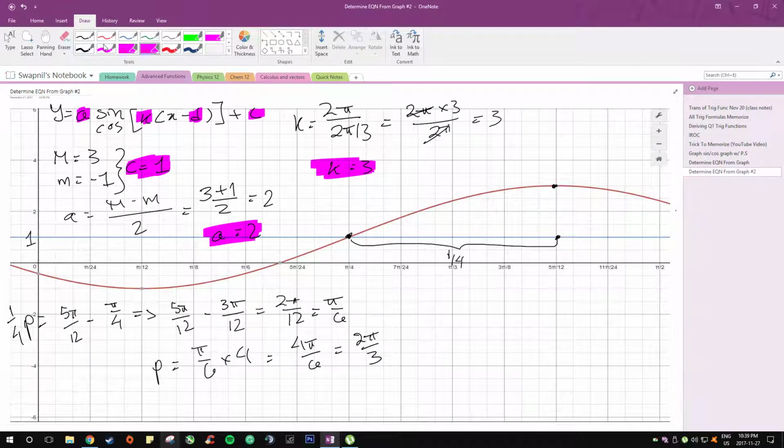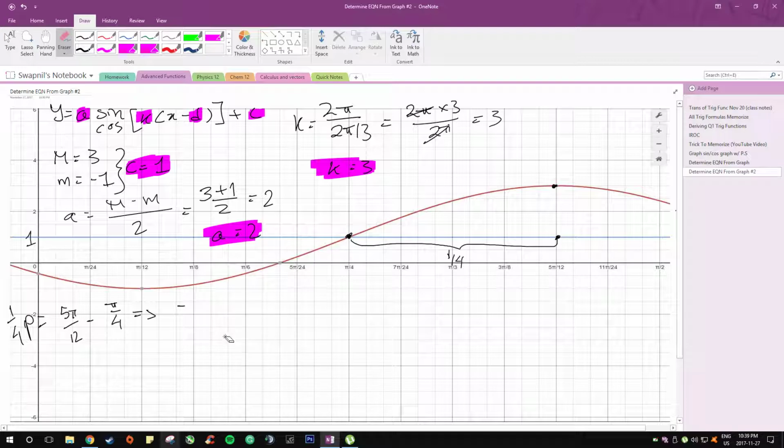Right? Okay. Finally, d. Now it turns out for any graph you're given, let me just erase all this. Any graph you're given, it's going to have a cosine equation and a sine equation. Let me show you why. So this graph starts from the origin here, right?